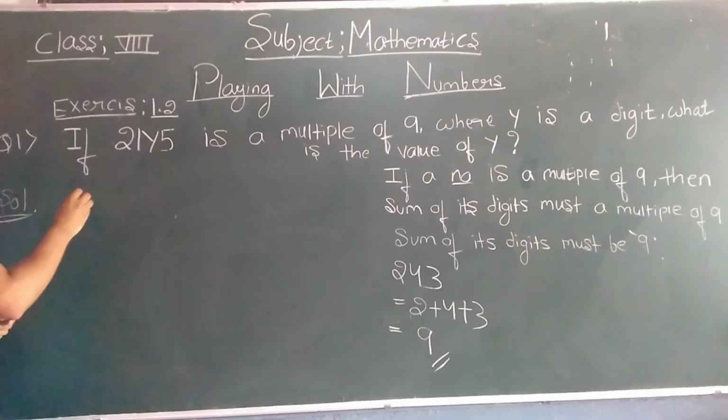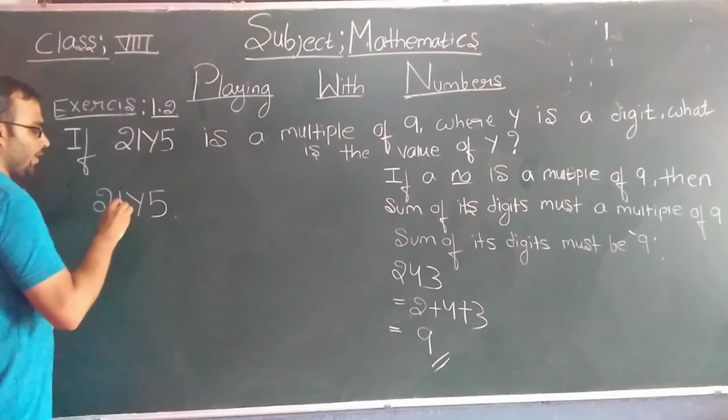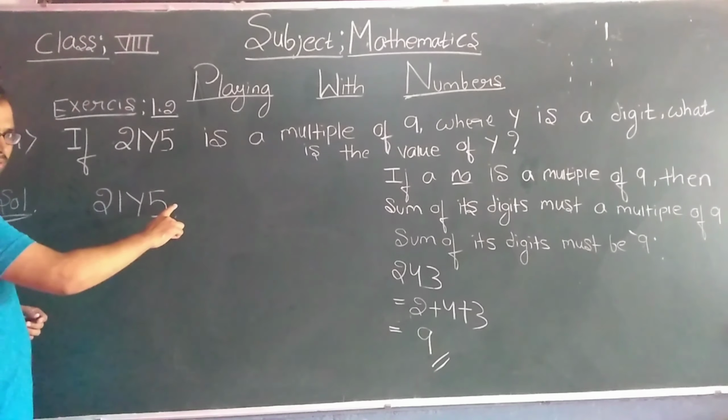So let us do this. 21y5. They are telling that this is a multiple of 9, no?